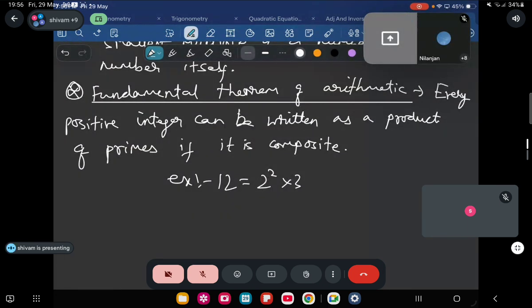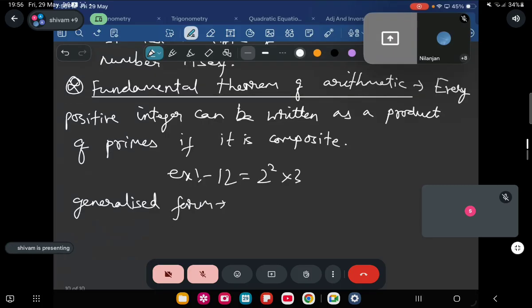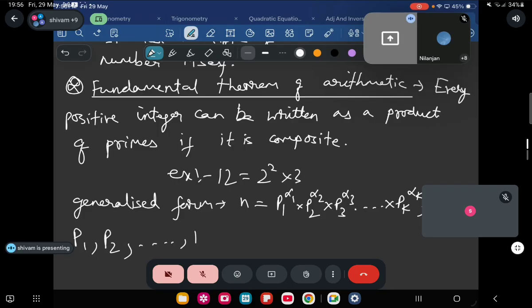For the generalized form, n can be written as p1 to the power alpha 1 into p2 to the power alpha 2 into p3 to the power alpha 3 up to pk to the power alpha k, where p1, p2, up to pk are prime numbers.